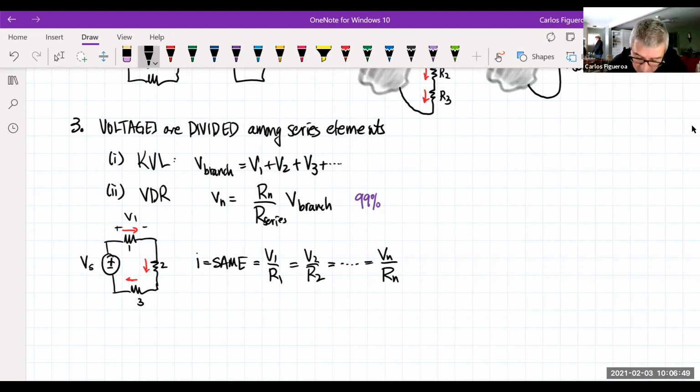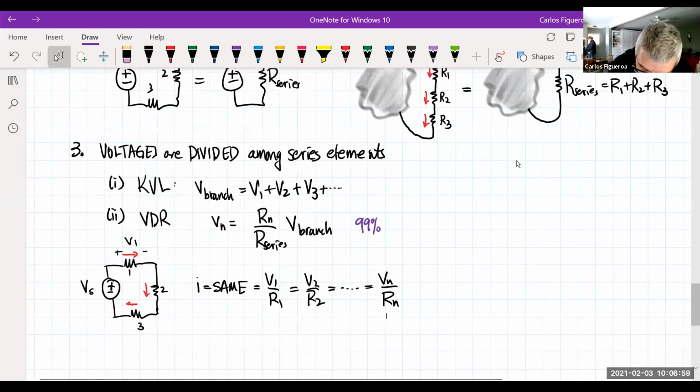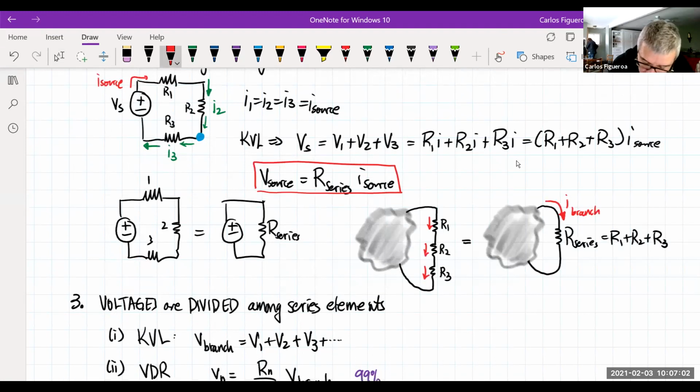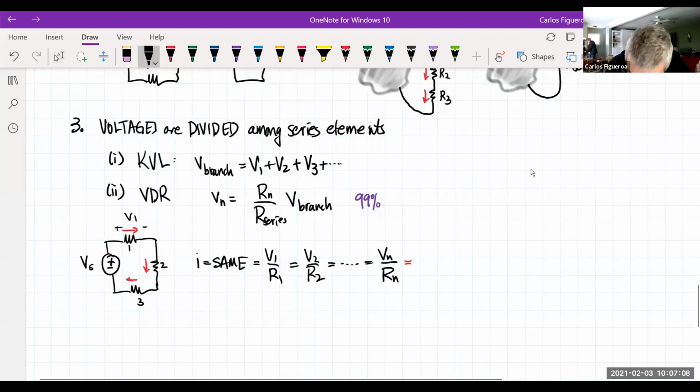But wait a minute, we just said that for a series circuit, I can write down the equivalent of this. But the source current is also equal to what? The source current is also equal to the voltage of the branch divided by the series resistance.